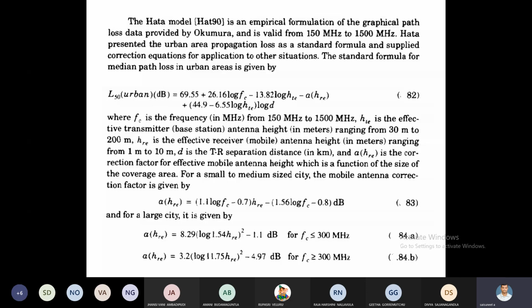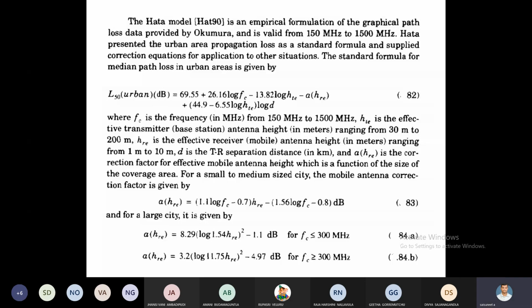Here the AHRE for a small or medium city: AHRE is equal to 1.1 log FC minus 0.7 HRE minus bracket start 1.56 log FC minus 0.8 dB. Similarly for a large city, when FC is less than 300 megahertz, AHRE is equal to 8.29 multiplied with log of 1.54 HRE whole square minus 1.1 dB.